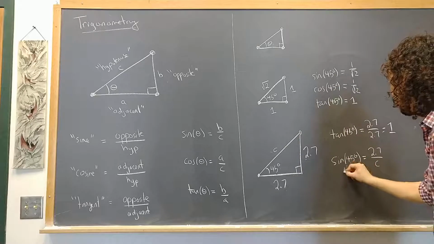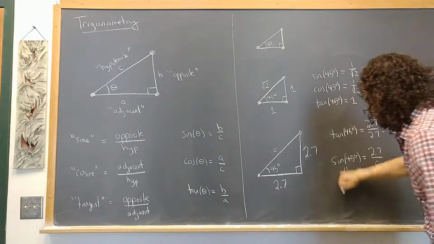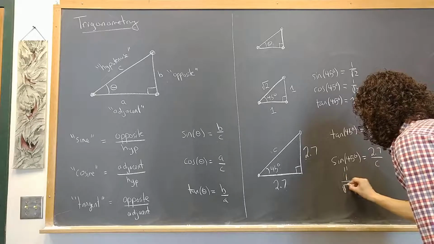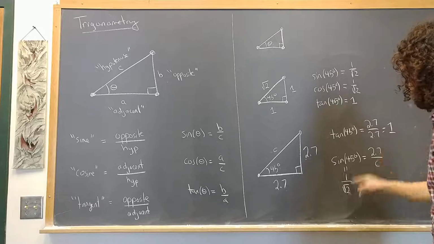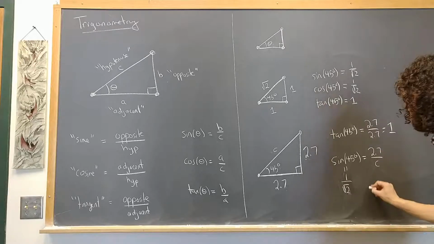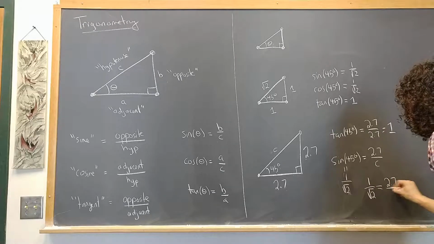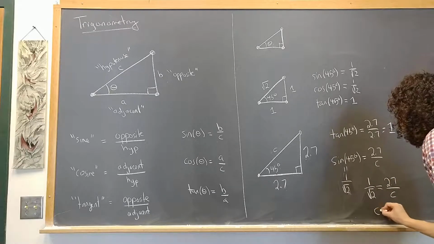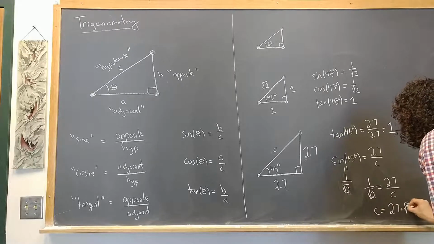We know that the sine of 45 degrees is equal to 1 divided by the square root of 2. And that tells me, these two things together tell me that 1 divided by the square root of 2 must be equal to 2.7 divided by C. So C must be equal to 2.7 times the square root of 2.